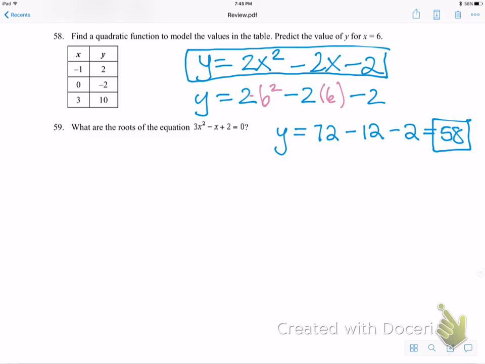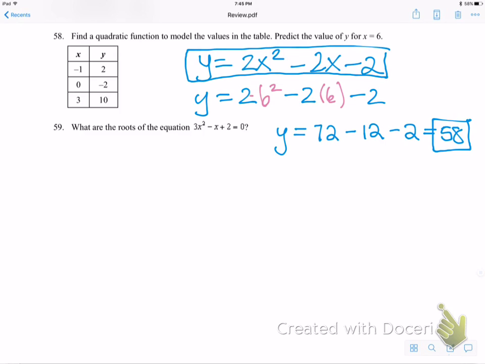In the last problem, we're looking for the roots of the equation. Remember, roots are the same thing as zeros, which are the same thing as solutions, which are the same thing as x-intercepts. So you could solve this by graphing it and looking for x-intercepts, but it's possible that it won't have any, that it has imaginary solutions.